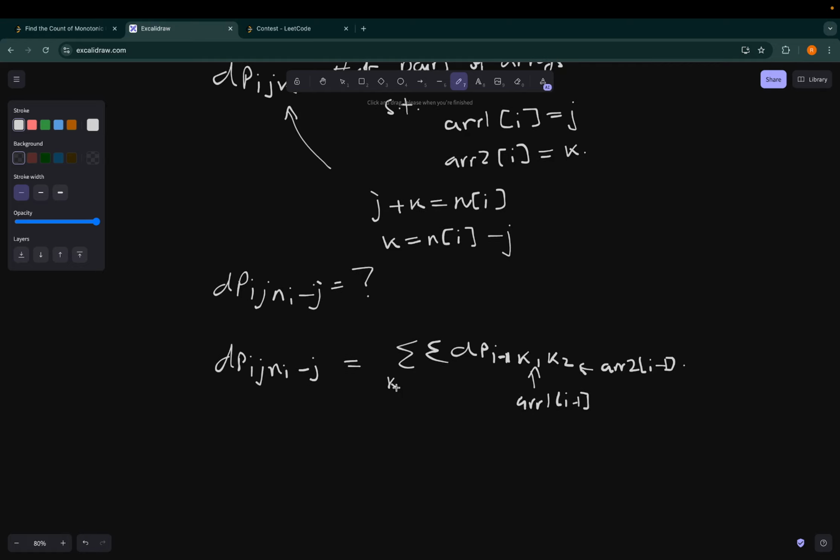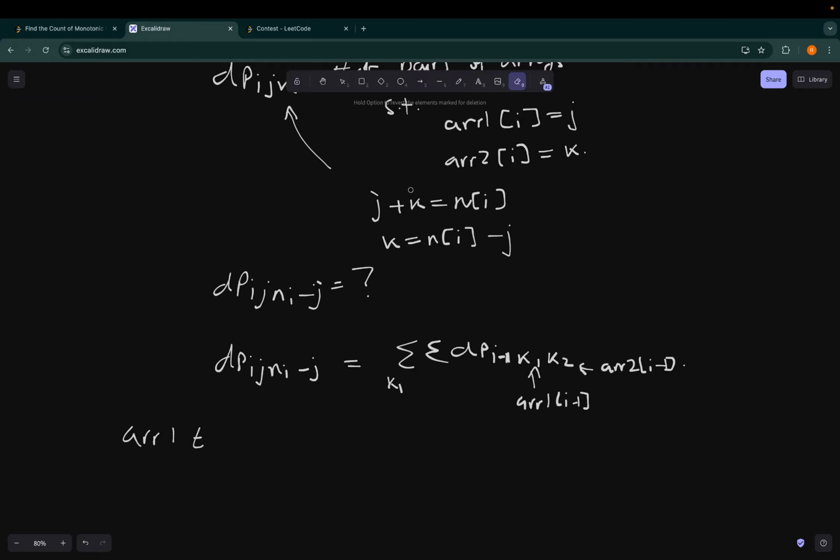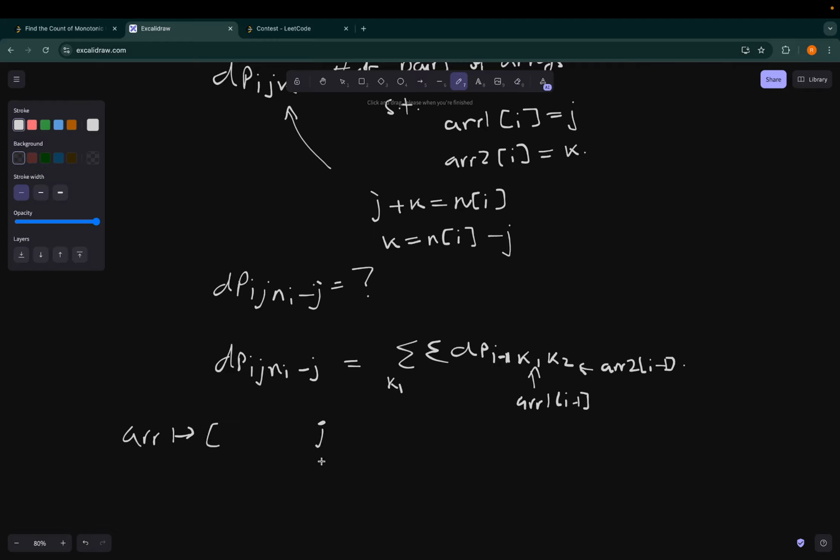Okay, since this is now array 1, your array 1 will look like this. It will have some j at its ith index, and all the elements that are over here will be less than or equal to j, right? So your k1 is at the i minus 1 position.